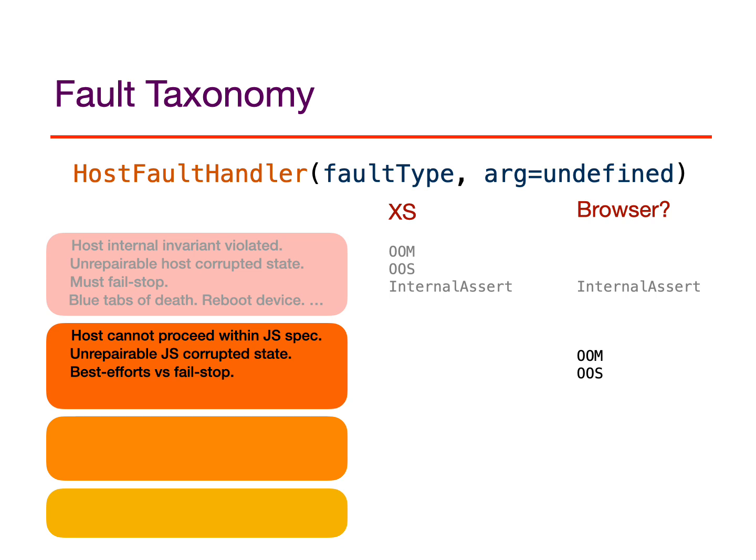The browser engines, we're guessing, based on the objection previously raised, are built so that following out of memory and out of stack, the JavaScript engine and host have not lost their internal consistency, their internal invariants still hold, but they're now in a position that they cannot continue executing JavaScript while upholding the semantics of the JavaScript spec.